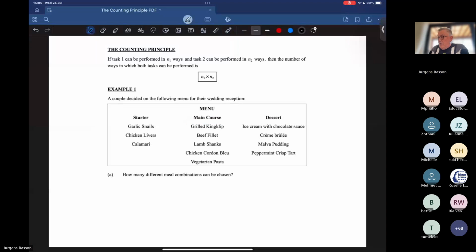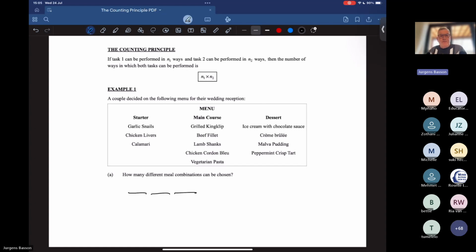So what I like to do, and I would recommend you do it like this with your learners as well, is draw lines to represent the different tasks I'm going to do. It's almost like you are building a picture of the problem, and that will really help you, in particular when they get more difficult.